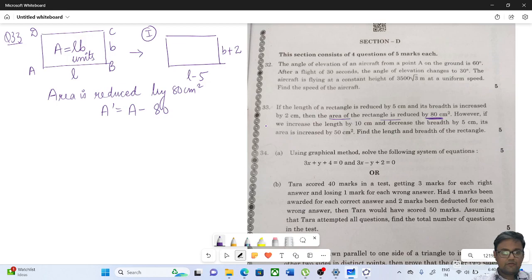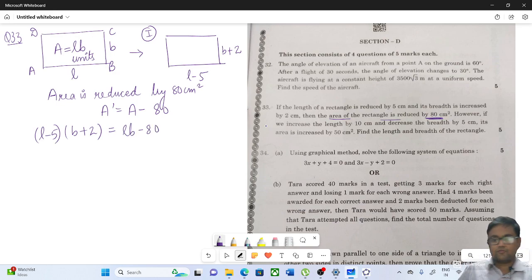So, what is the new area, children? A dash is L minus 5 length into breadth B plus 2, right, and it is equal to A, that is LB minus 80. It is very clear for us to understand.